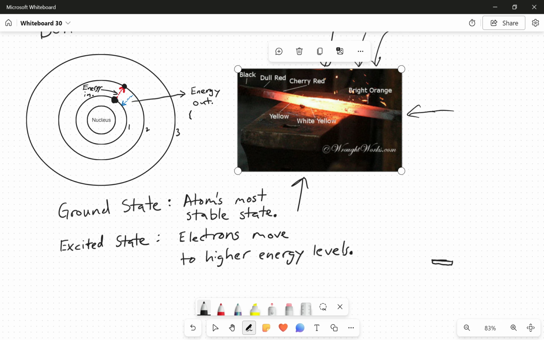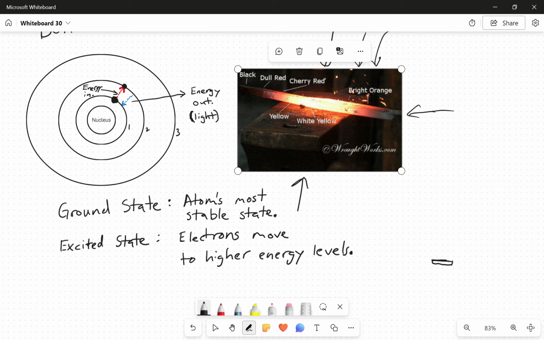And that energy going out is released as light. So, basically, according to Bohr, atoms, when they absorb energy, their electrons move up, but they can't stay that way. So, when they release energy, that energy is released as light.